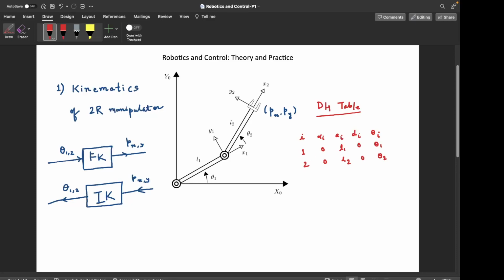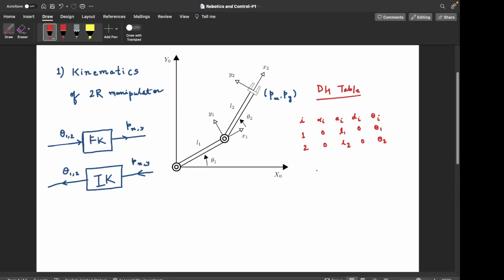So this is the DH table of this manipulator, right? And now you would recall that we had seen a big expression of the homogeneous transformation matrix, which basically gives the transformation from one frame to another frame, right? So let me mark the frames also. This is frame 0, this is frame 1, and this is frame 2, right?